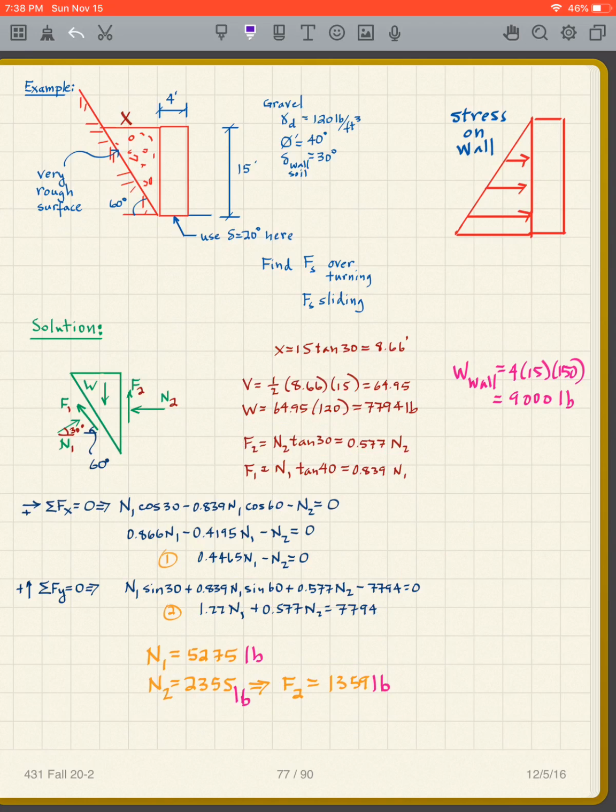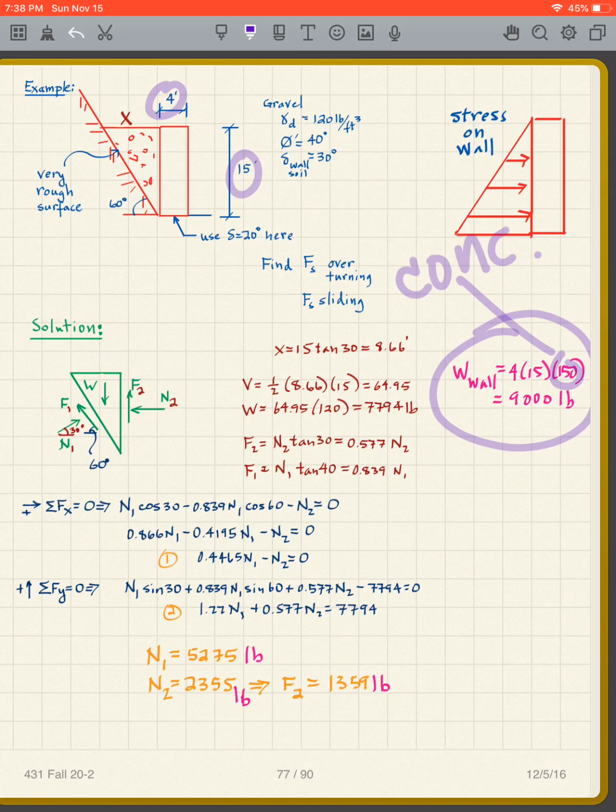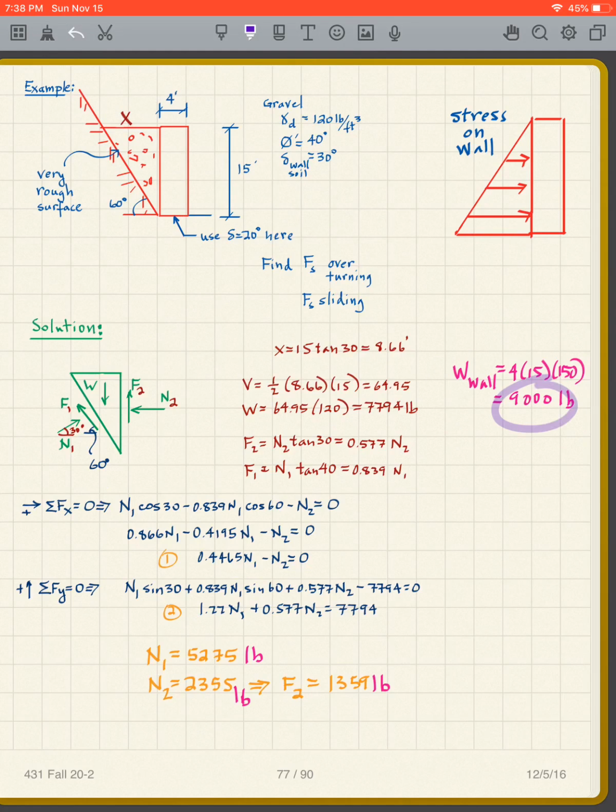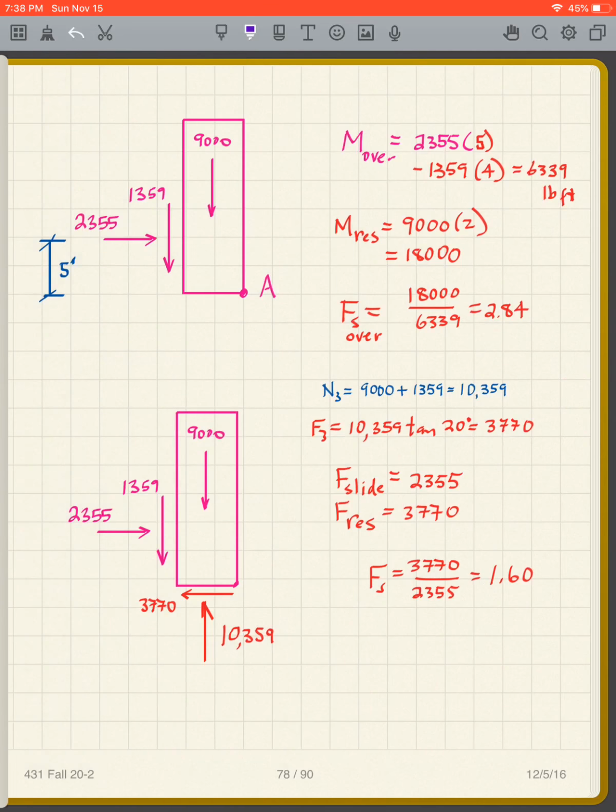And I now analyze the wall. Notice the wall, I can get the weight of the wall is 4 times 15 times concrete is 150 pounds per cubic foot. So my weight of the wall is 9,000 pounds. I can now put my forces on.